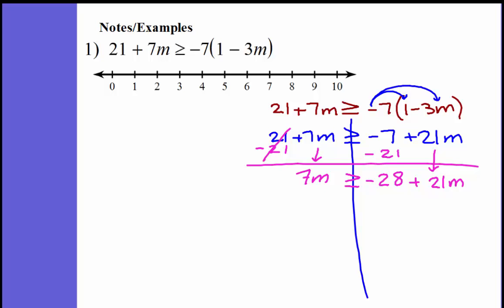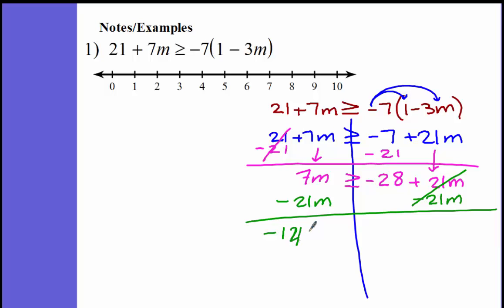So minus 21m on both sides. And then that's negative 14m.